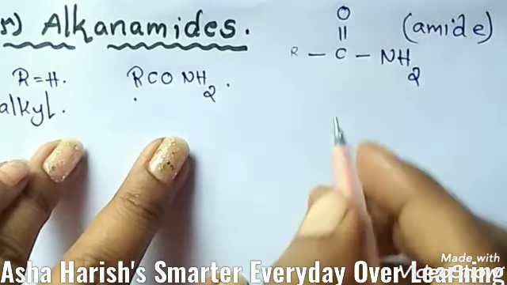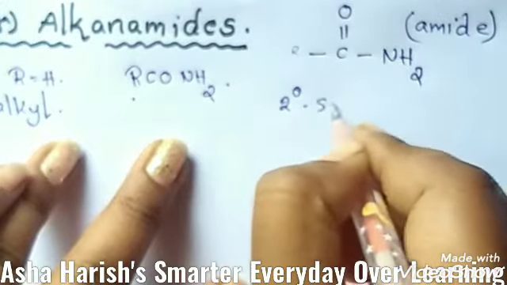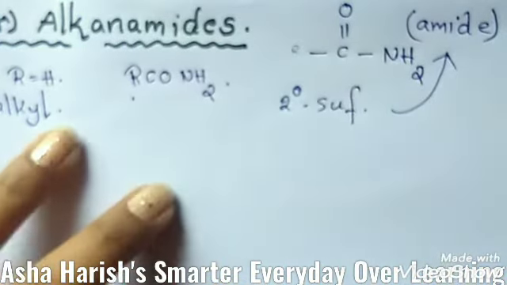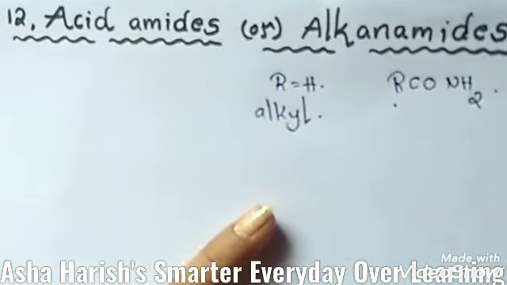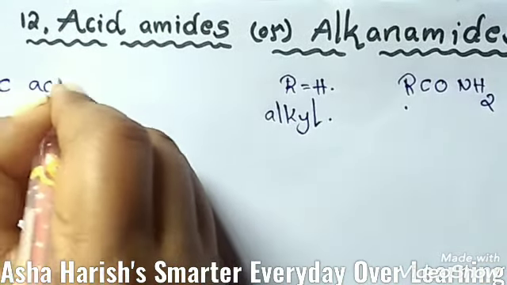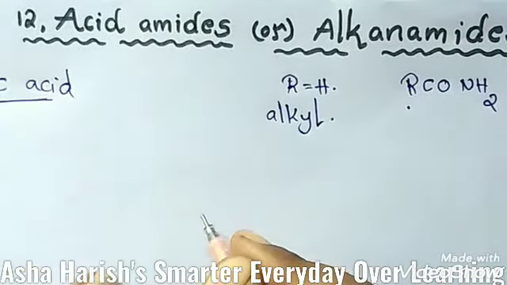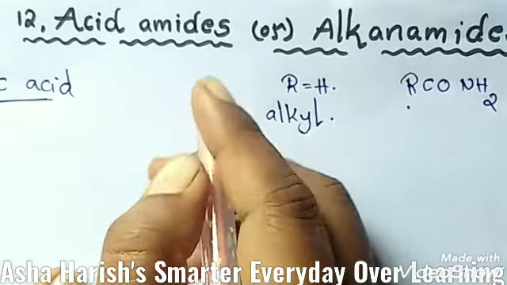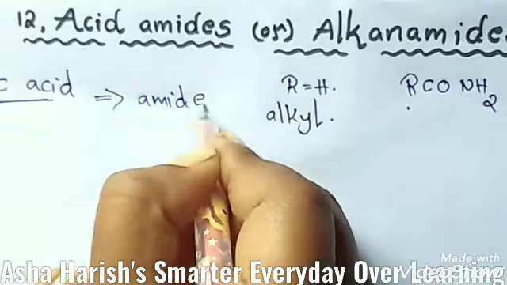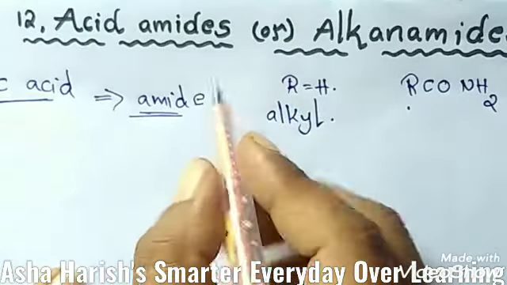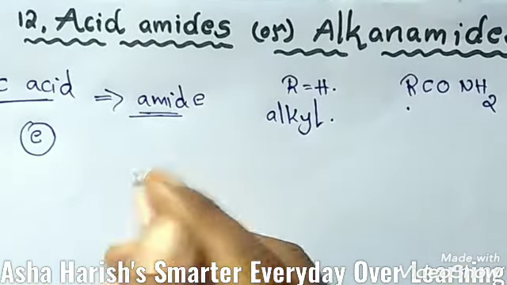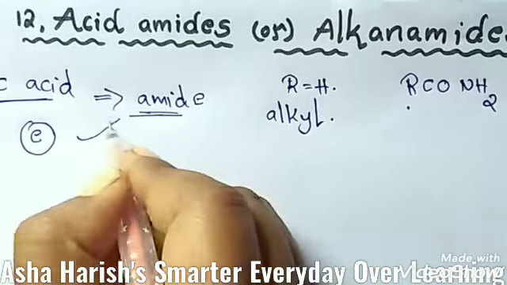This is also known as the amide group. Okay students, what is the secondary suffix you have to add? Only amide is the secondary suffix here. For the common names, replace the ic acid from the common name of the corresponding acid by the secondary suffix amide. For IUPAC names, replace the terminal e from the name of the corresponding alkane by the suffix amide.